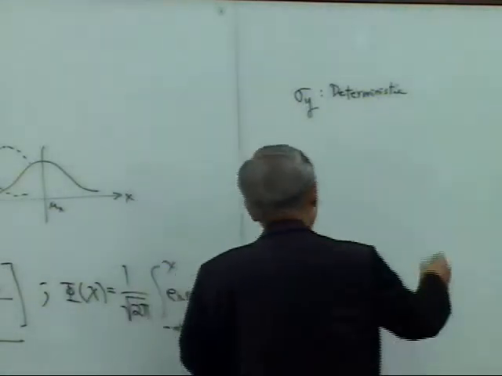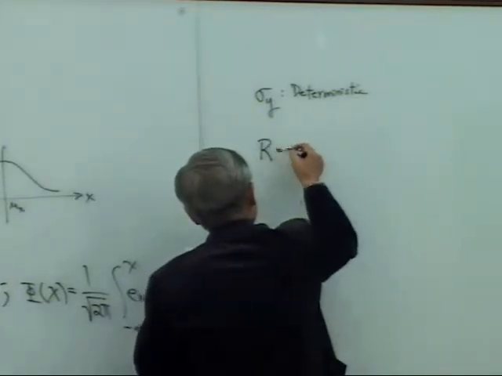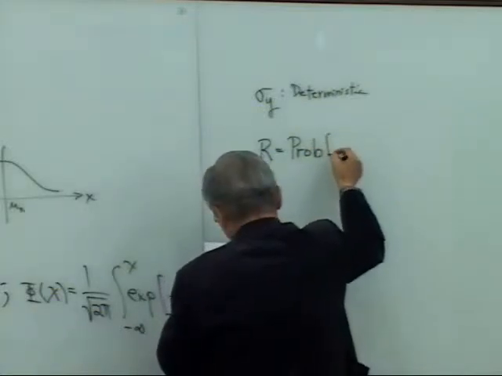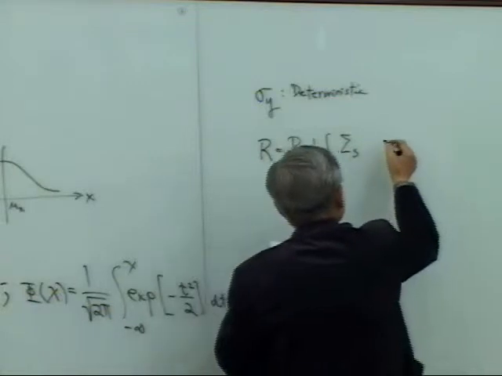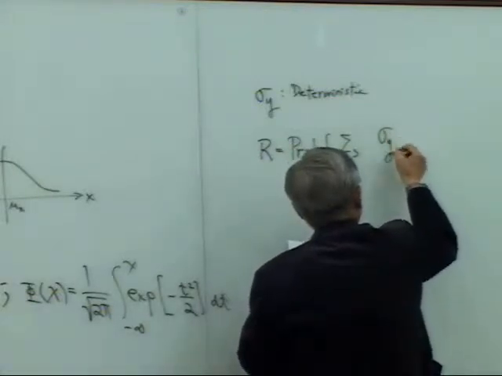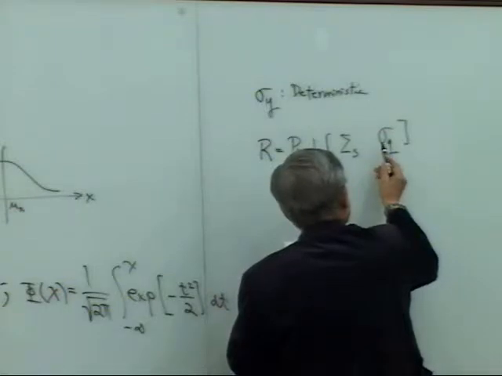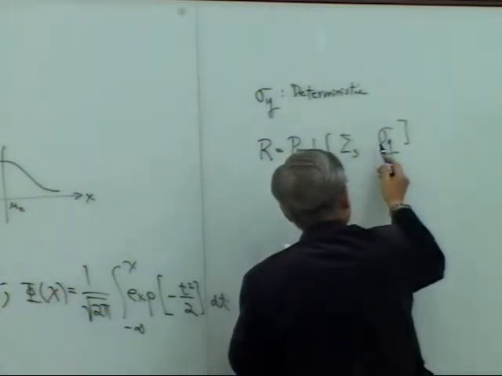Okay, so then the reliability expression is a probability of what? Sigma S, sigma Y, which direction? Is this larger than this, or is this larger than that?